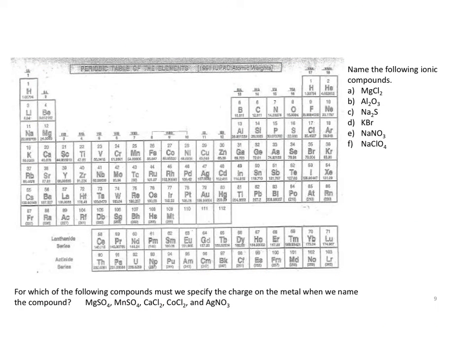All right, so name the following ionic compounds. So these are all ionic, and we don't have to worry about charges in the name. So the first element is the metal, and it always gets its name. And then if the anion comes from the periodic table, it gets "ide." So the ine gets dropped and made "ide." So this is magnesium, and then space, and then here we have chloride.